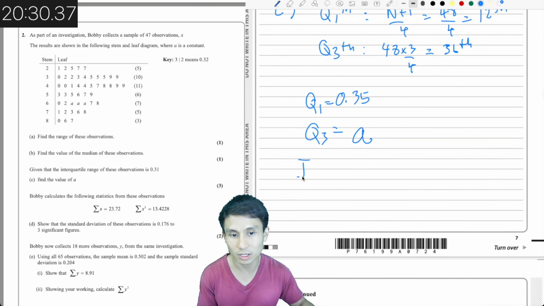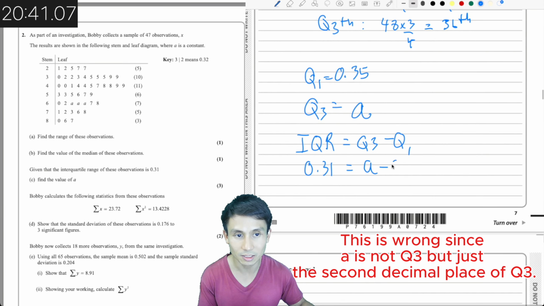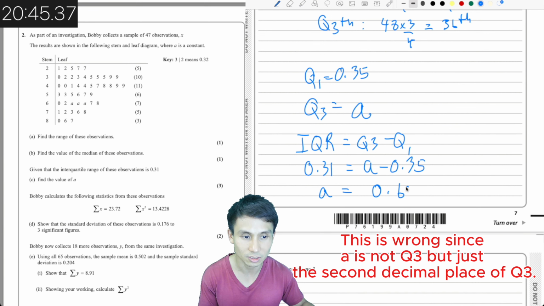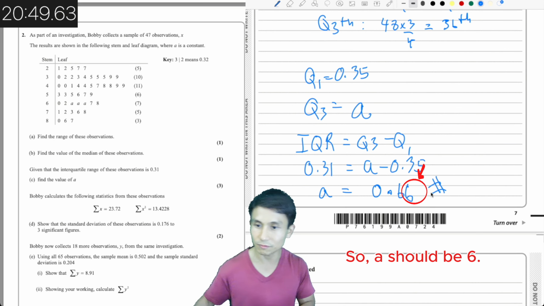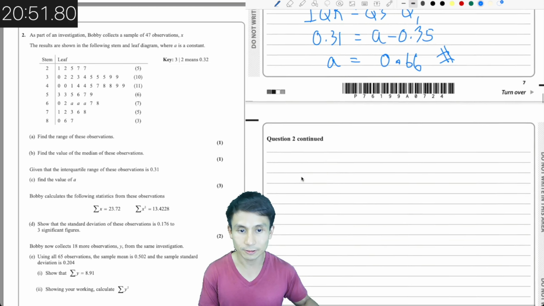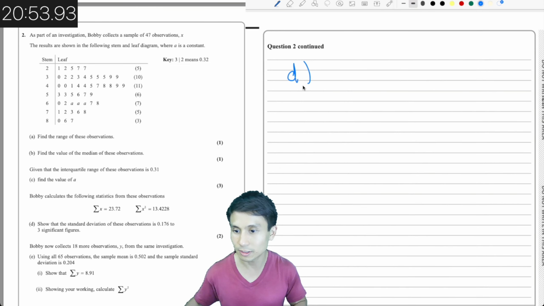The interquartile range equals Q3 minus Q1. So we put the interquartile range as 0.31, Q3 as A, Q1 as 0.35. That means A equals 0.66. Just solving that equation gives you that. Okay, so that's C.